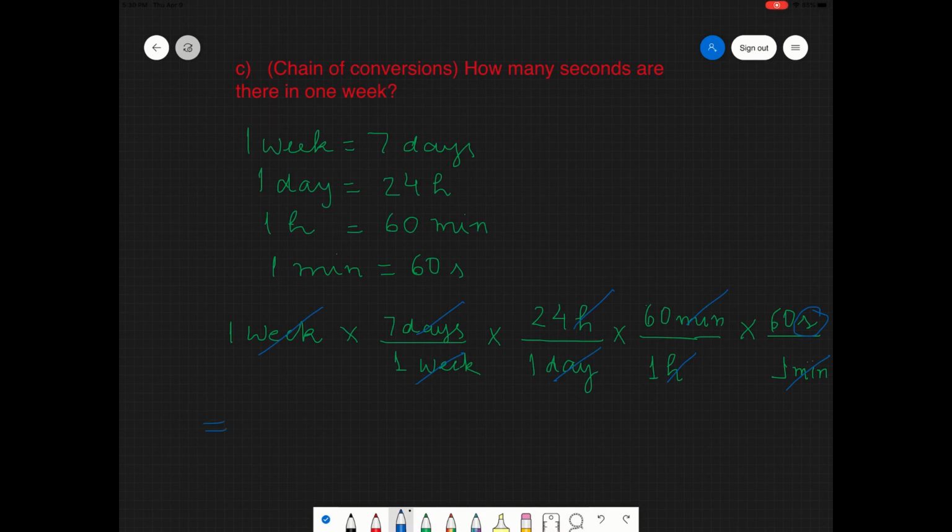So 1 week is equivalent to 1 times 7 times 24 times 60 times 60 again, and that will have the leftover unit of seconds. Notice that the denominators are all 1, so 1 times 1 times 1 times 1 is equal to 1, so there's no need to write the denominator here. So the result is 10,020 seconds.